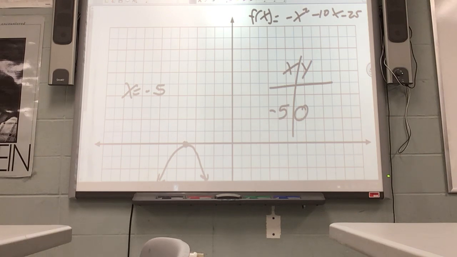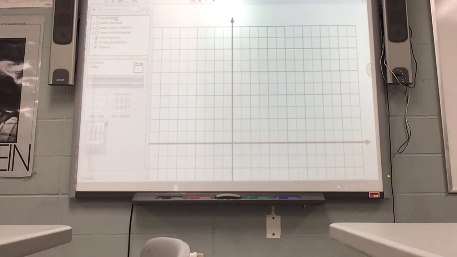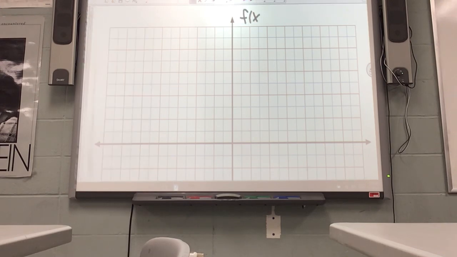Alright, let's see if we can solve this one by graphing. Riley asked about a number in front of the x squared, because the first one we did was just 1x squared, and then that second one was negative 1x squared.